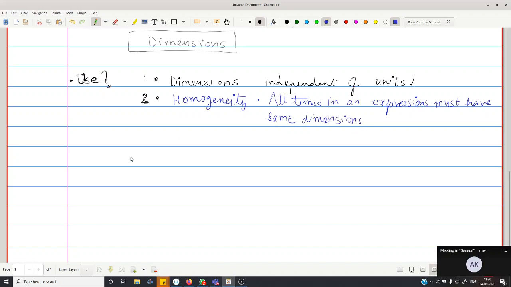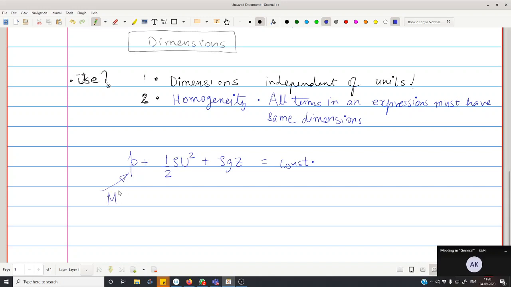Before getting to that, let us quickly see the Bernoulli equation. What is the Bernoulli equation? P plus half rho u square plus rho g z. The Bernoulli equation that you have studied in class. You studied this, right? Yes, sir. So the dimension of this particular term is that of pressure.